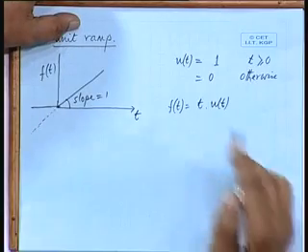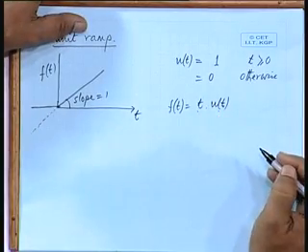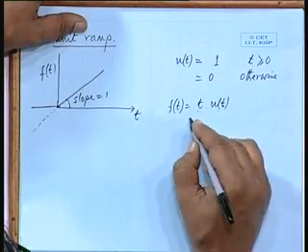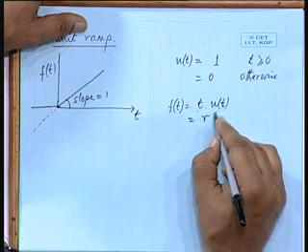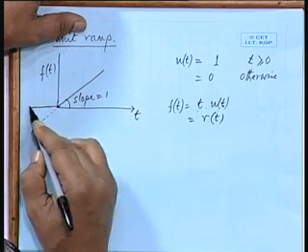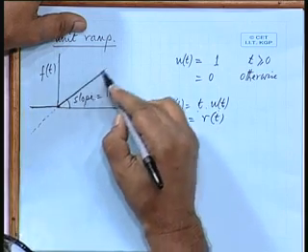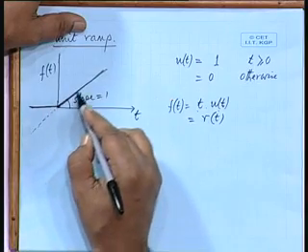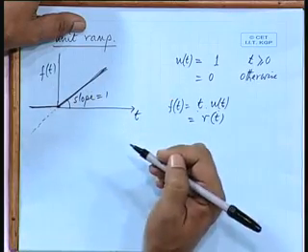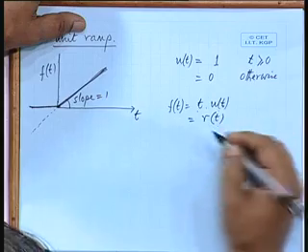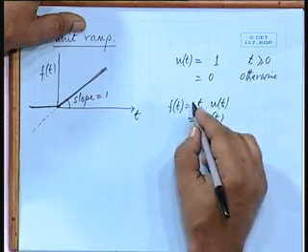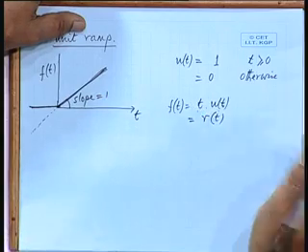So, the usual notation for this will be t into u(t). You will find in many books they also write r(t). r(t) means it is a ramp function like this, 0 and then it is like this with a unity slope. If it is having any other slope, then it will be k into r(t) or k t into u(t), okay, where k is the slope.